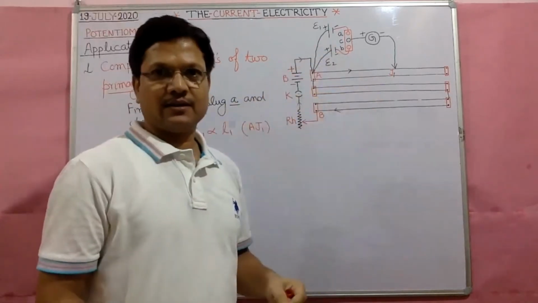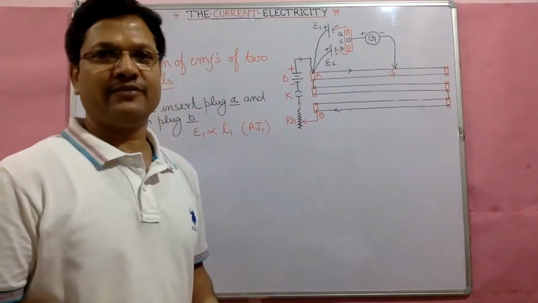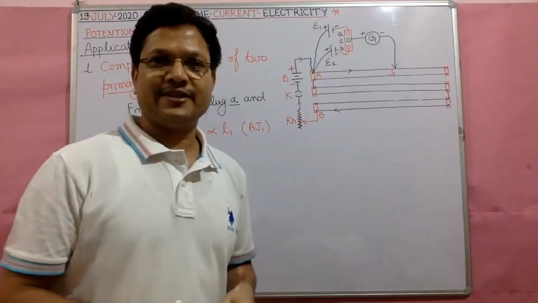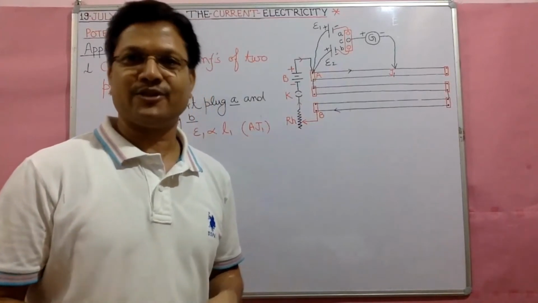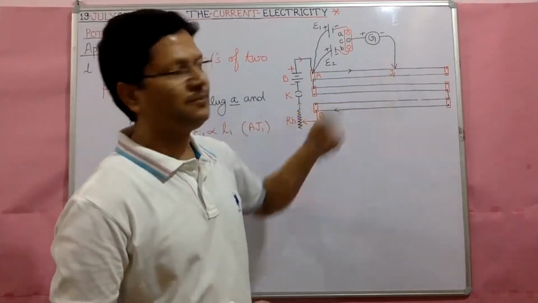Place the jockey at a point on the potentiometer wire where there is no deflection in the galvanometer. This condition is called the null point condition. Let the null point be found at point J1.